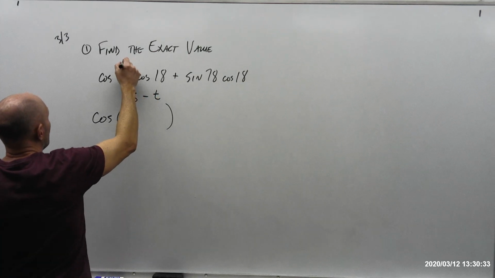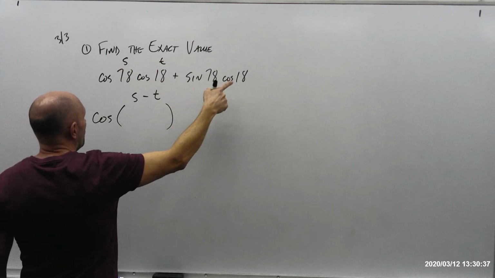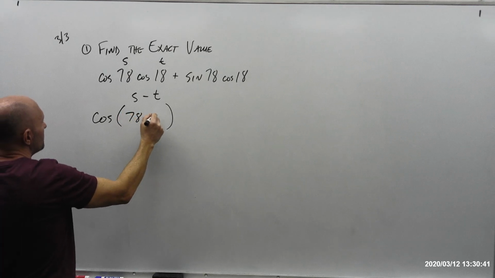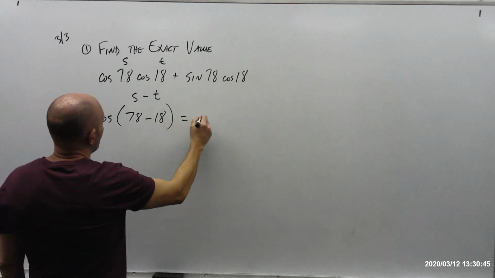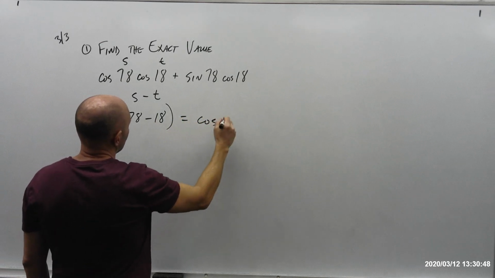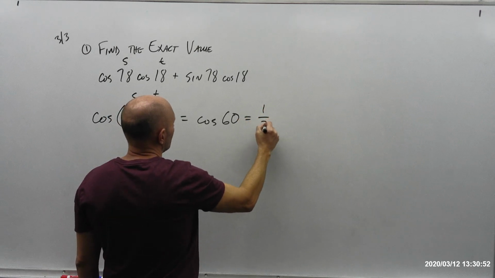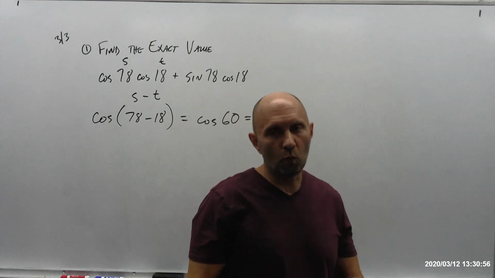So my s is what? S is 78, t is 18. So this whole piece here is really saying what's cosine of 78 minus 18. So this is what? Cosine 78 minus 18 is 60. What is cosine of 60 degrees? 1/2. So your answer to this is just 1/2.